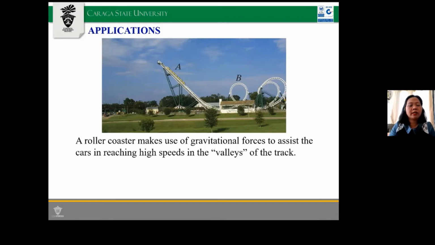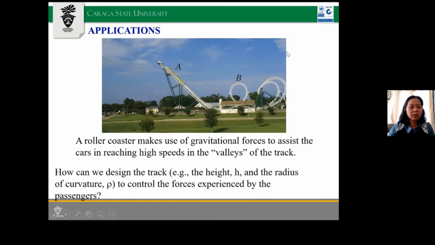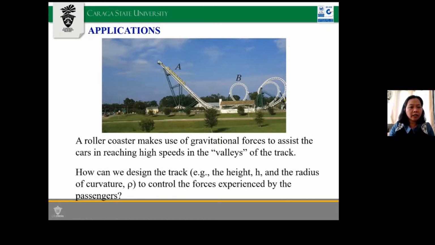A roller coaster makes use of gravitational forces to assist the cars in reaching high speeds in the valleys of the track. From point A to point B, it is necessary to calculate that the summation of all forces at A is equal to the summation of all forces at B, and to consider the design of the height h and the radius of curvature rho to control the forces experienced by the passengers.